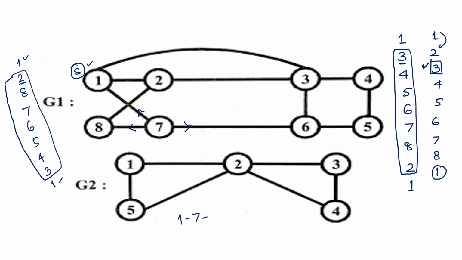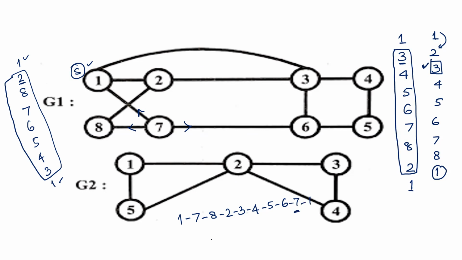So let us continue with 8, then 2, then 3, then 4, then 5, then 6. And now again we are stuck because it will again come back to 7. So in this case, we will be visiting 7 twice to reach 1.